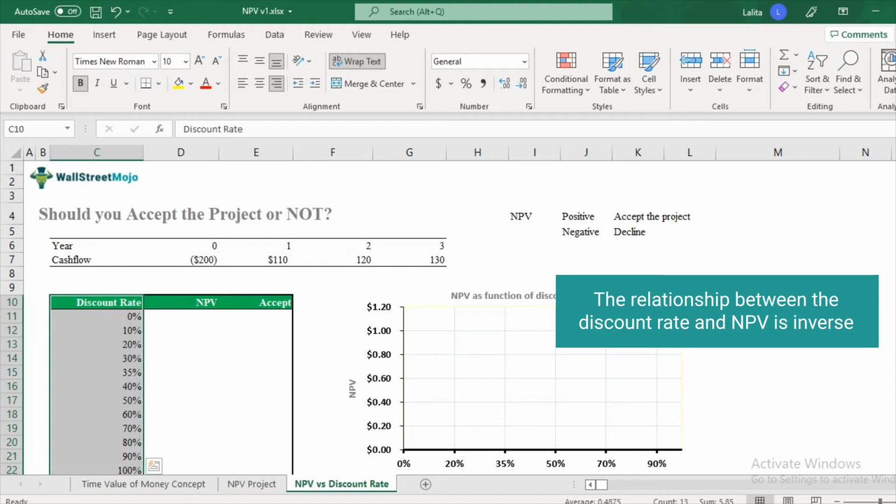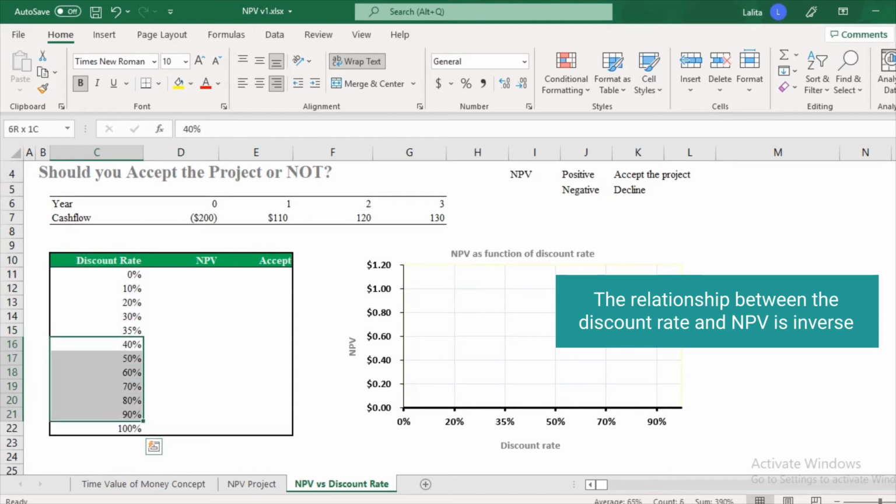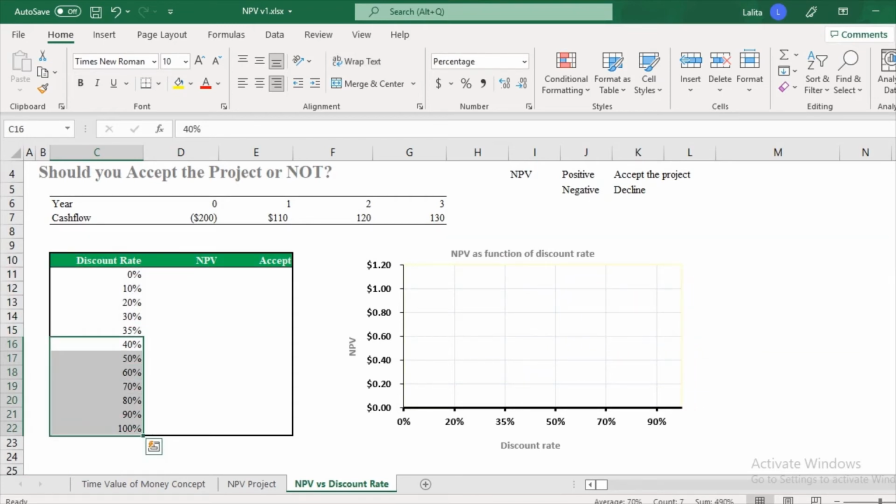So if the discount rates are lower, the NPV will be higher, and if the discount rates are higher, the NPV will be lower. We'll look at this example and find an intuitive way of understanding the inverse relationship of the discount rate.